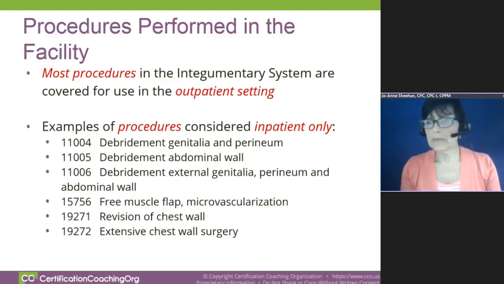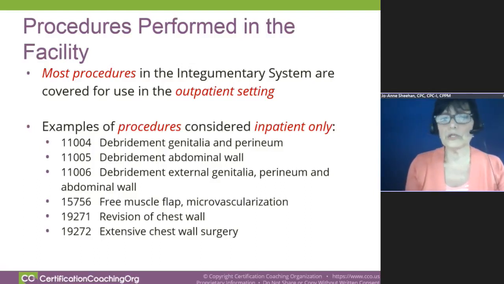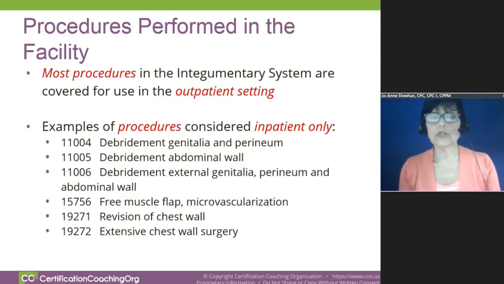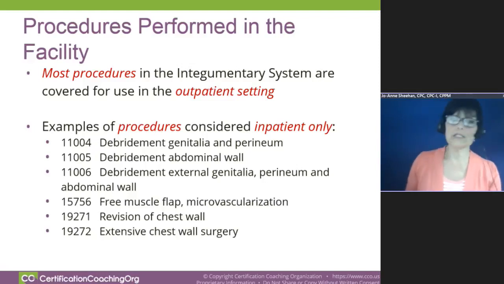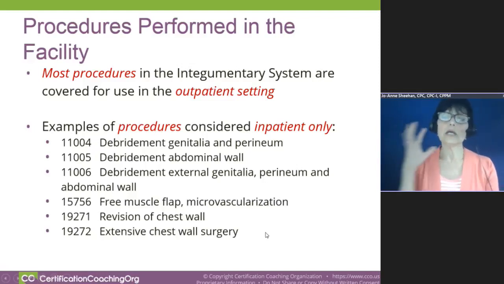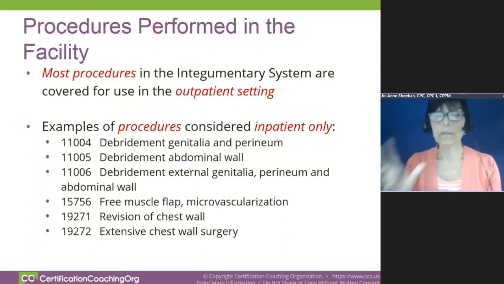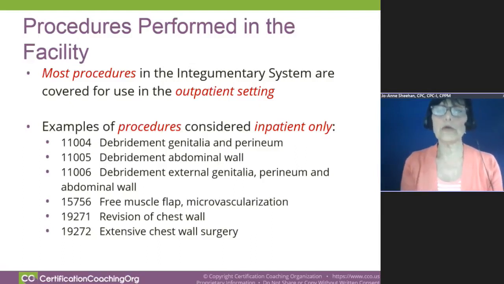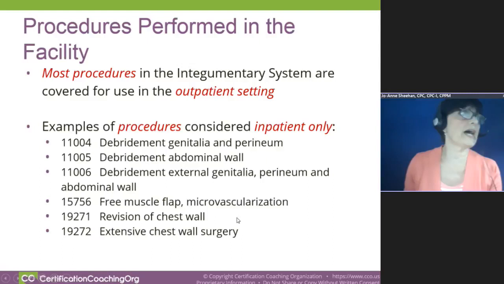There's a free muscle flap, microvascularization, the revision of the chest wall, and the extensive chest wall surgery. And again, these would not be performed in an office. This would be considered inpatient. So if you're coding and billing, you want to be aware of how these differentiate in an insurance carrier setting, simply because if you have an inpatient only procedure and you have an office location or an outpatient location, your claim will probably deny due to that conflict. So be aware of that.